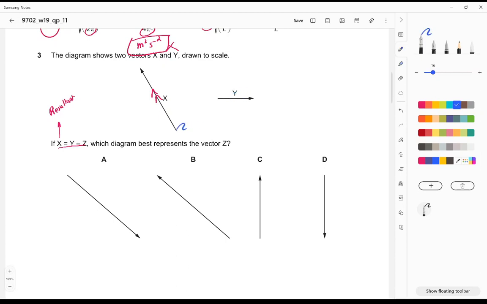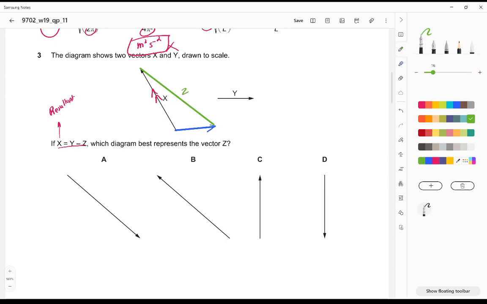So y is kept positive. Let's go with this direction and keep it here. Then z, I'm going to represent with this line over here. So this is actually z.